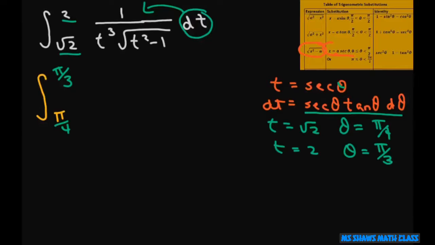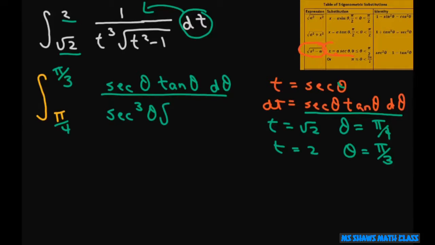Substituting that, you get secant theta tan theta d theta. And for the denominator, our t is secant, so this is going to be secant cubed of theta times the square root of secant squared theta minus 1.